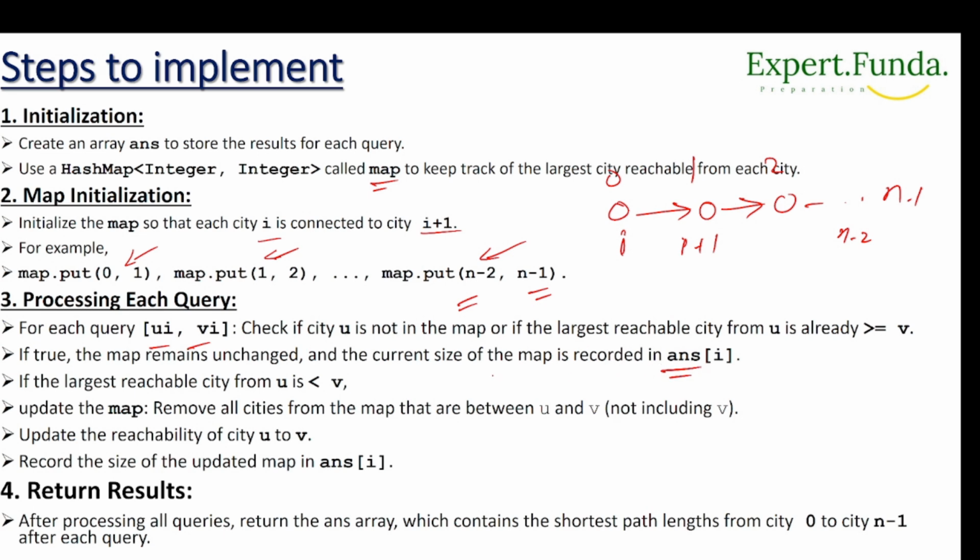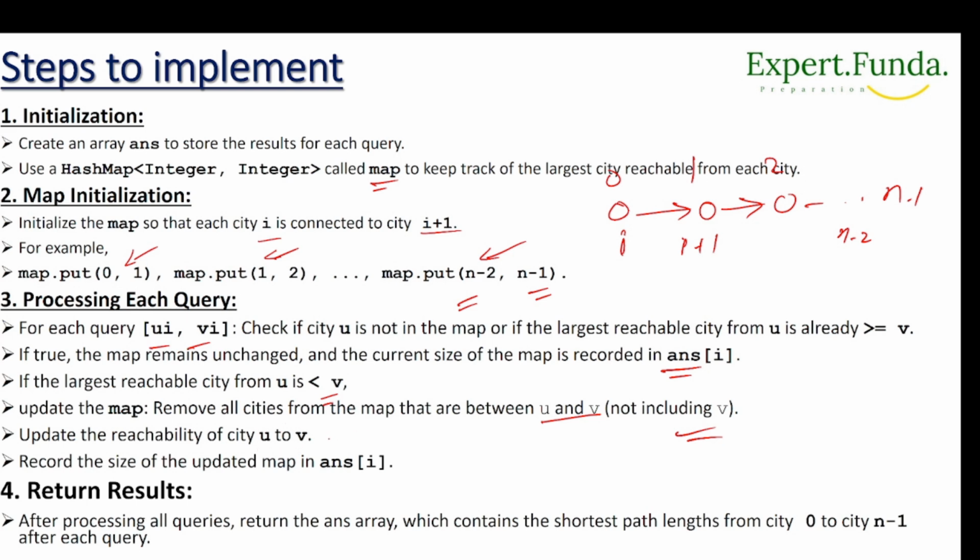Then if the largest city from U is less than V, it means we have to update the map, and we will remove all the cities from the map that are between U and V. We will not include V, right? And then we will update the reachability of U to V. Why are we removing these?